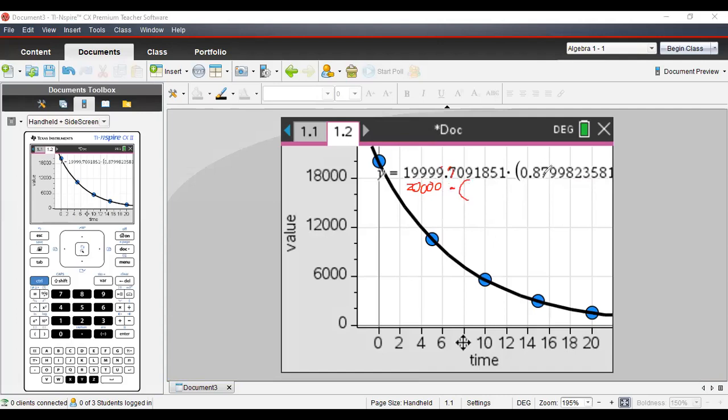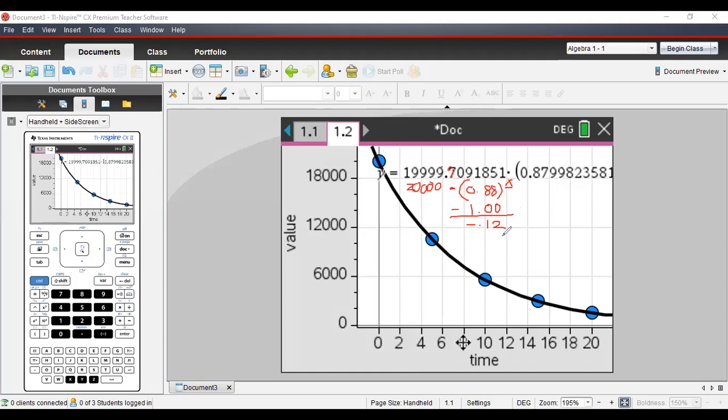This 7 gets rounded up to an 8 because of the 9. So this is basically 0.88, and then this would be to the X power. This is how we know it's exponential. And remember how I taught you how to find out how much is increasing or decreasing by, you just subtract 1 from it. So this is going to be a negative 0.12. So it's decreasing by 12%.